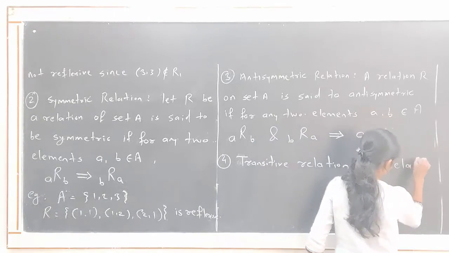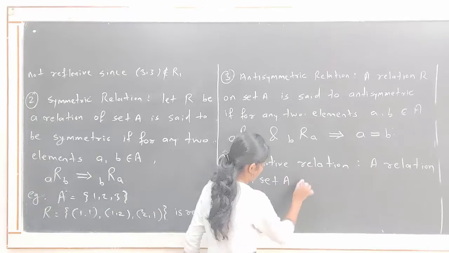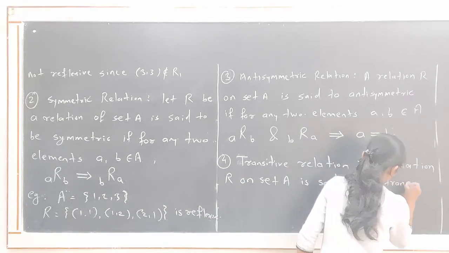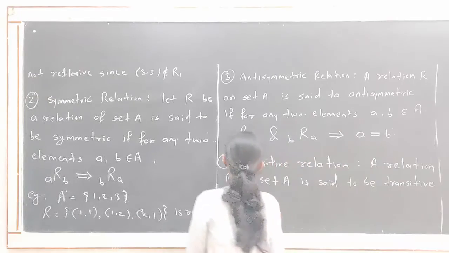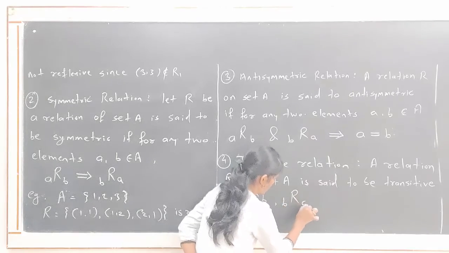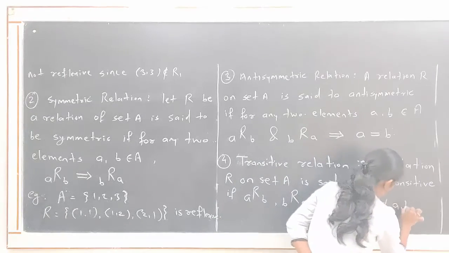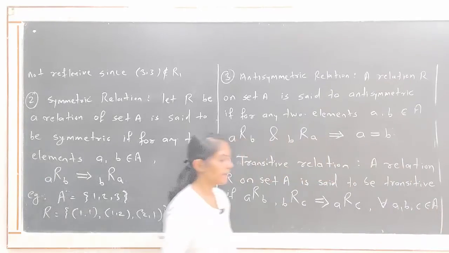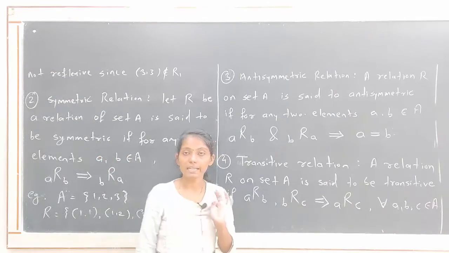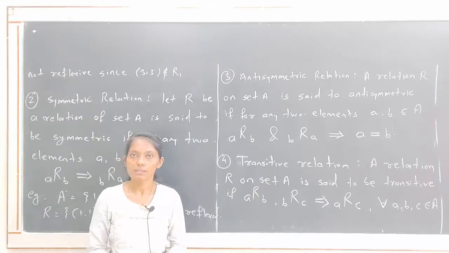A relation R on set A is said to be transitive if A related to B and B related to C implies that A related to C for all A, B, C belonging to set A. So for all A, B, C belonging to set A, this type of relation is called a transitive relation.